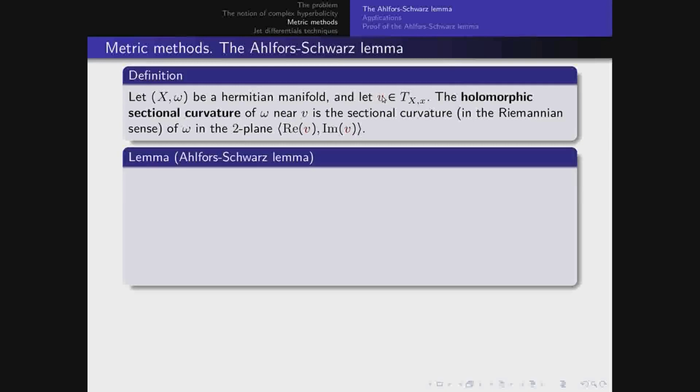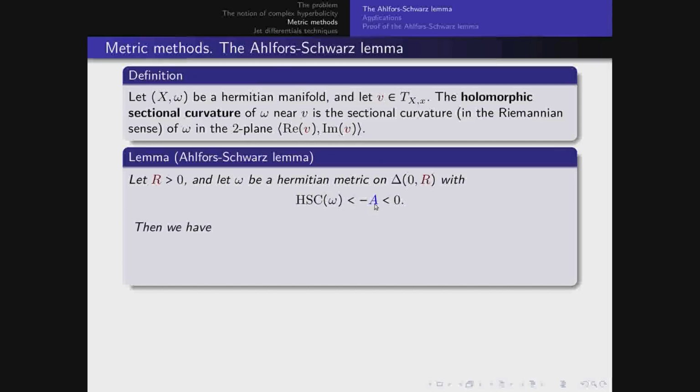And now the Ahlfors-Schwarz lemma tells you that if you have a Hermitian metric on the disk of radius r which has holomorphic sectional curvature bounded from above by a negative constant minus a, then we have a way to bound from above the norm of tangent vectors to the disk by the Poincaré metric as follows. So you have a constant here, and if you look at this formula, it tells you in particular that the radius r is bounded from above by this quantity.